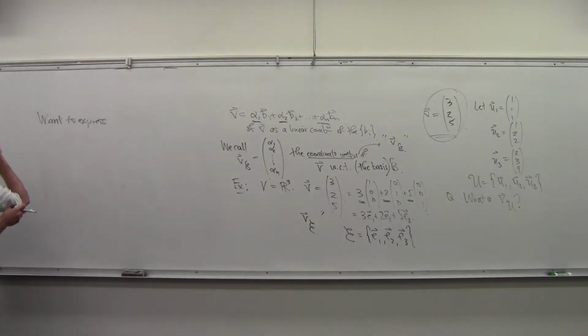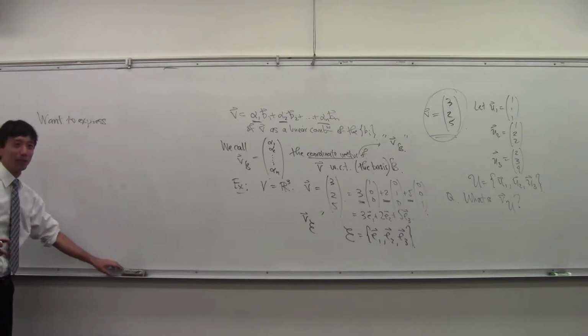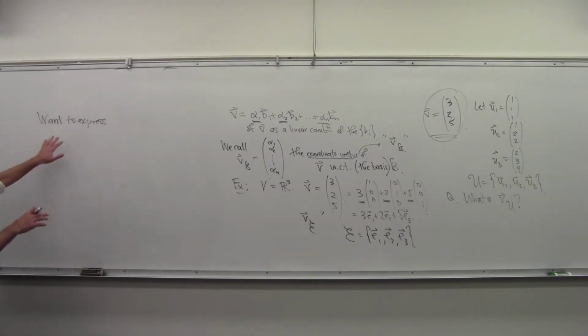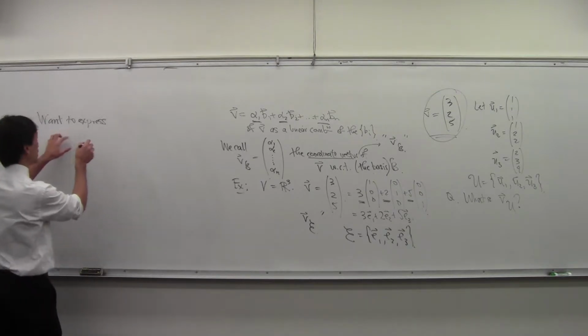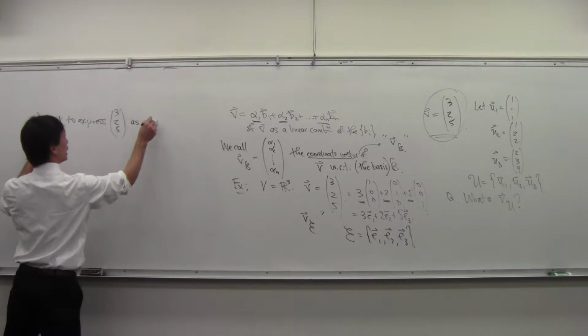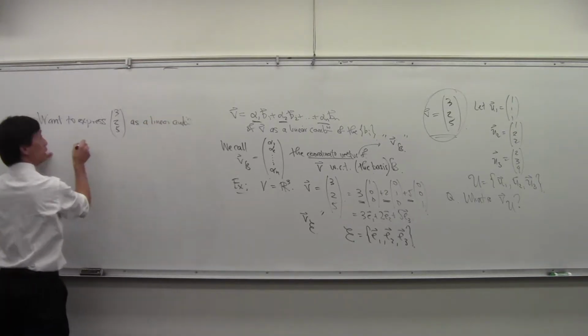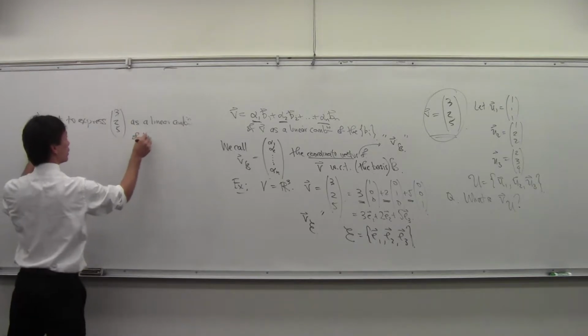Once you know what you want, then you start making plans of how to get it. If you don't know what you want, then how do you make plans to get it? So you make clear what you want. You want to express 3, 2, 5 as a linear combination of the U_i.